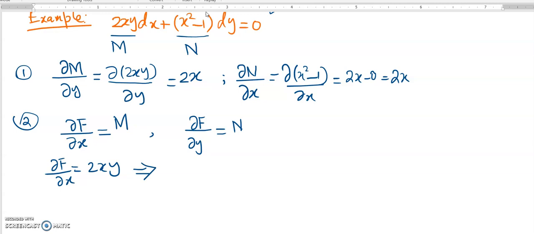When we integrate with respect to x, we will consider y to be a constant. So let's see how it goes.